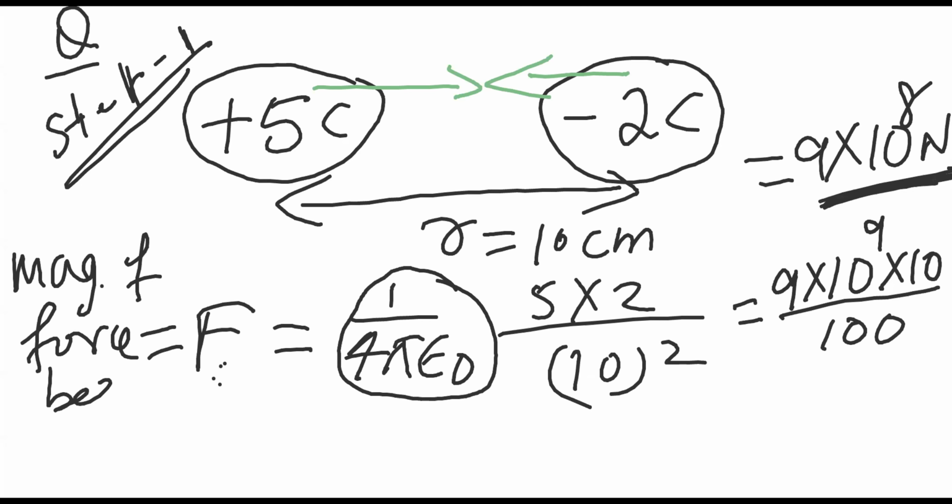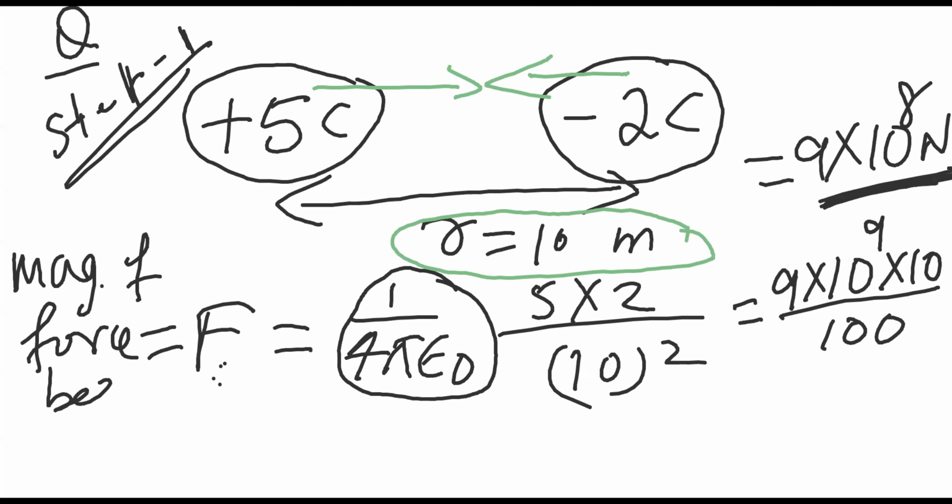And one more thing, I think I made a mistake. I will take this as 10 meter, because if I take 10 centimeter, then I'm making a mistake, as I did not convert it. So you take R as 10 meter, not centimeter.